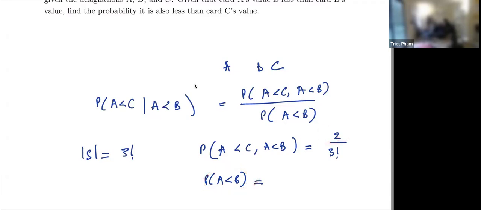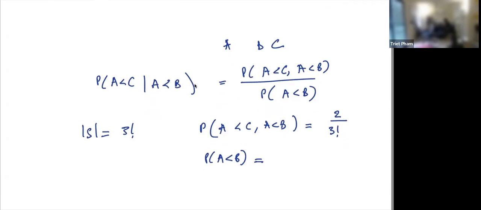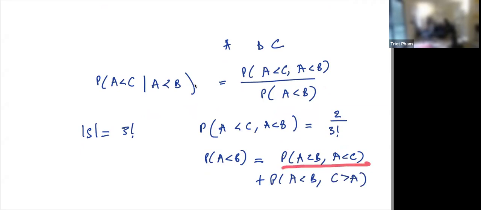And so what else? What you're thinking of is actually a very good way to look at it. So P of A less than B, A less than C, plus P of A less than B, C less than A. This is exactly what we call the law of total probability, on the next slide.